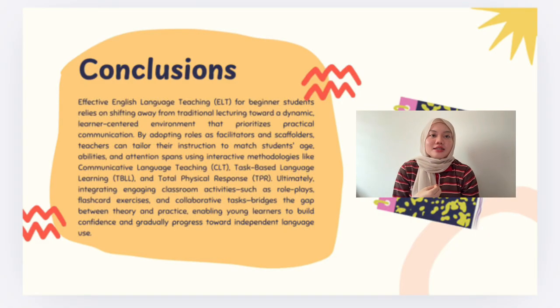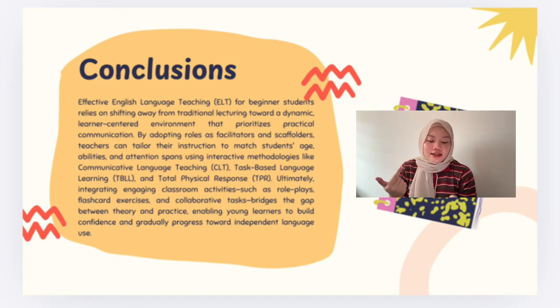Hi, my name is Wan Sofia Alia binti Jeffrey, and I will be presenting the conclusion of our topic. Effective English Language Teaching (ELT) for beginner students relies on shifting away from traditional lecturing toward a dynamic, learner-centered environment that prioritizes practical communication. By adopting roles as facilitators and scaffolders, teachers can tailor their instruction to match students' age, abilities, and attention spans, using interactive methodologies like communicative language teaching (CLT), task-based language learning (TBLL), and total physical response (TPR).